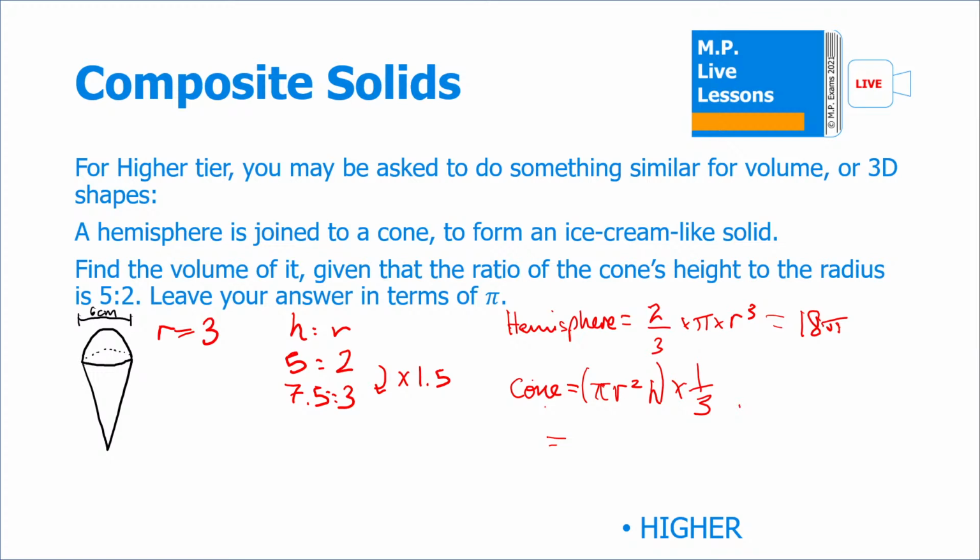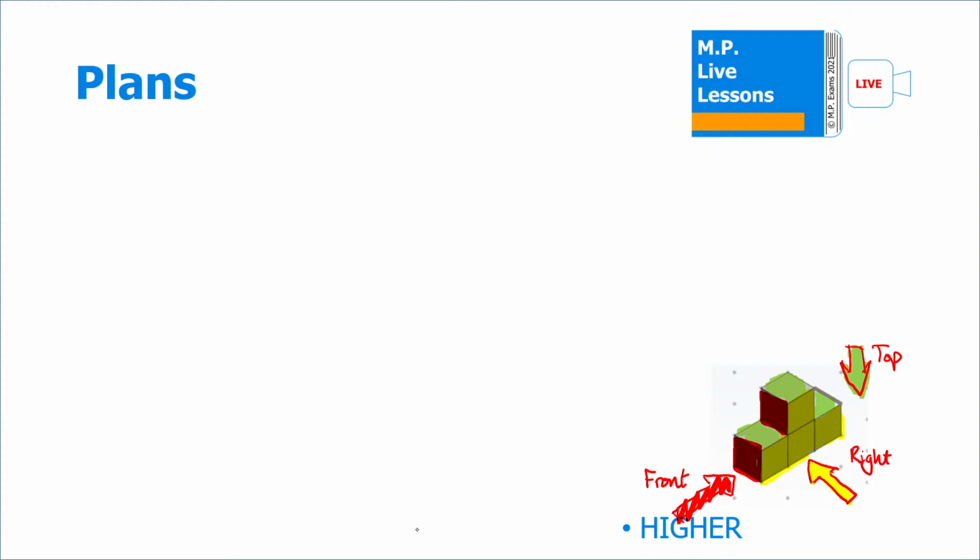The height is 7.5. This gets 45 over 2 pi, and if we add this with the 18 pi, so we get the total volume is 81 over 2 pi, or 40.5 times pi.